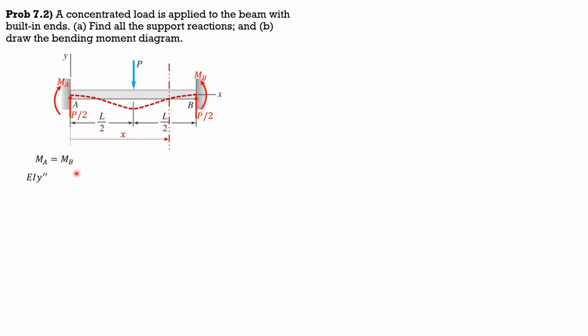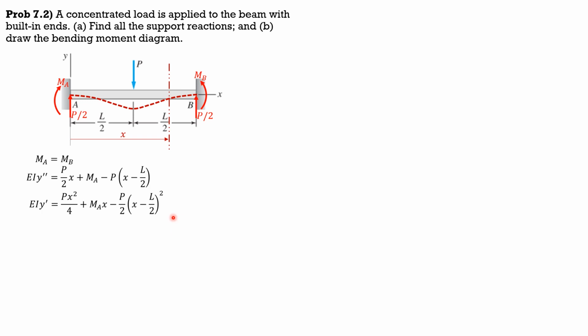EI Y double prime equals P over 2 times X plus MA, then minus P times quantity X minus L over 2. Integrating, EI Y prime equals P over 4 X squared plus MA X minus P over 2 quantity X minus L over 2 squared.